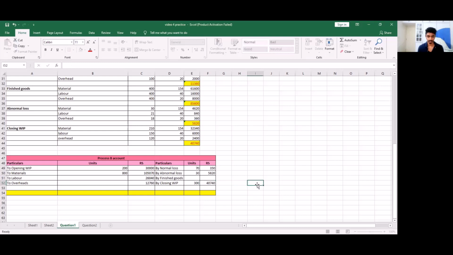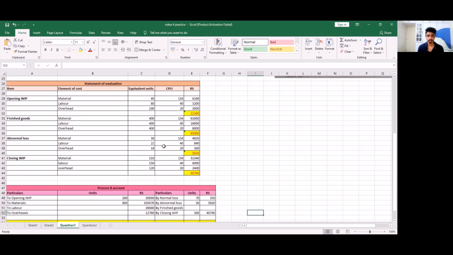Here, summarizing the process account, for opening work in progress, we took the amount from the question and not from our statement of evaluation. The only amounts we have taken from the statement of evaluation are for our abnormal loss and for our closing work in progress.